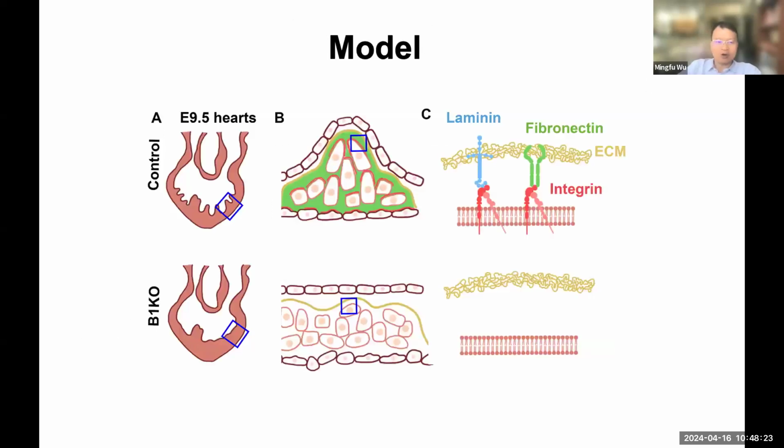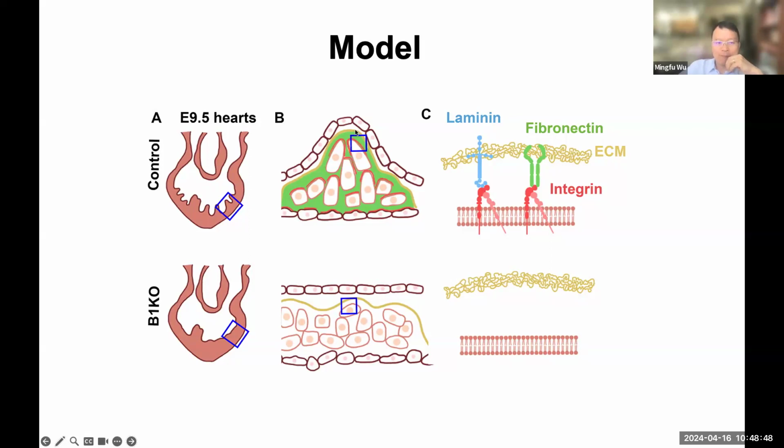Here comes our model. We found integrin beta 1 is asymmetrically distributed in the cardiomyocytes, enriched on the lumen side of the cardiomyocytes. And we found fibronectin, collagen 4 and laminin are also asymmetrically enriched on the luminal side.